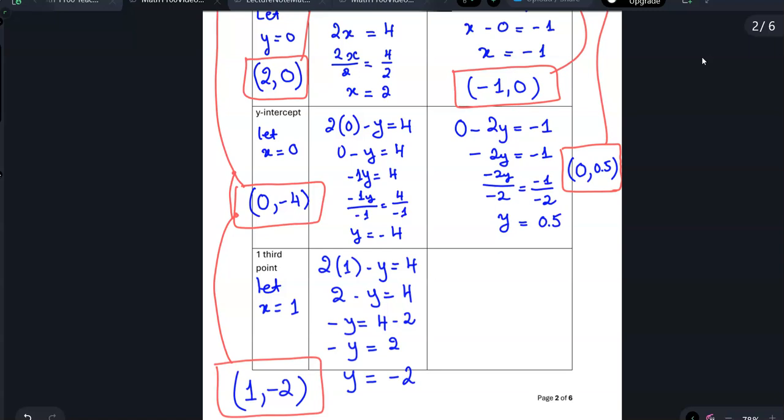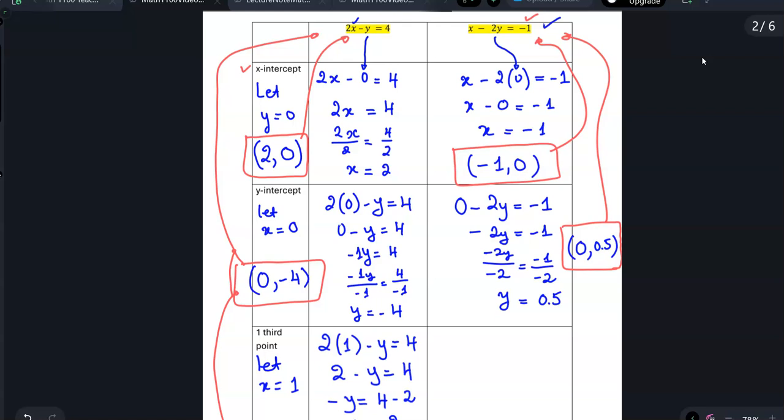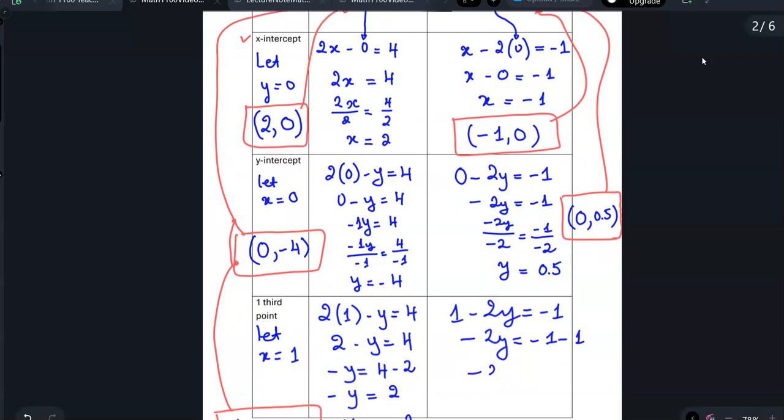So I do the same thing here for this equation. This equation is x minus 2y equal to minus 1. So I let x equal 1. So 1 minus 2y equal to minus 1. Bring this 1 over to the other side, so it's a minus 1. So it's minus 2y equal to minus 2.